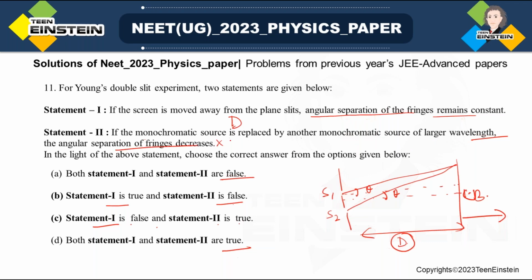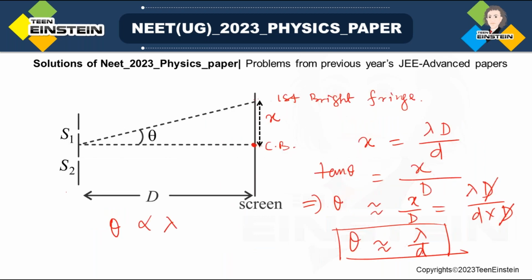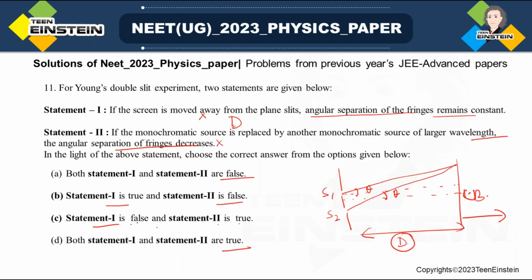This is also not true, because angular separation is directly proportional to lambda, so it should increase rather than decrease. So both the statements are false, and the first option will be the correct answer here.